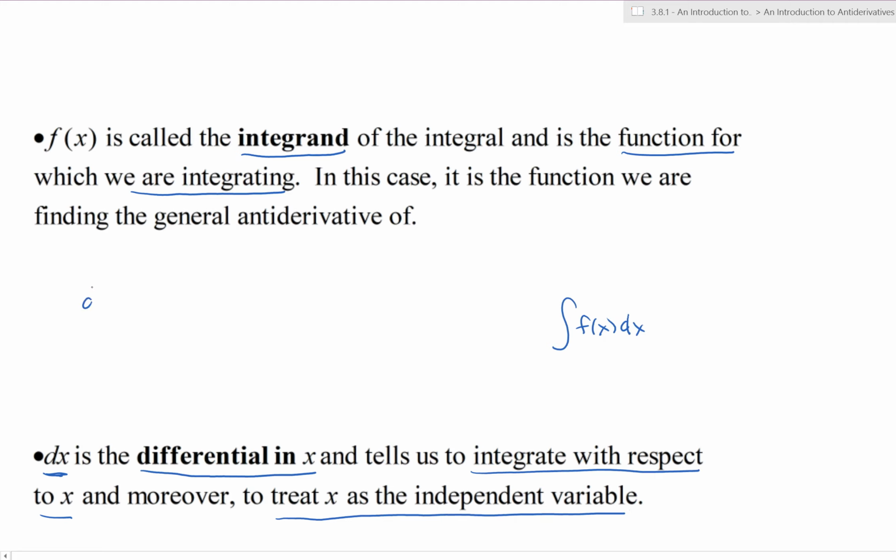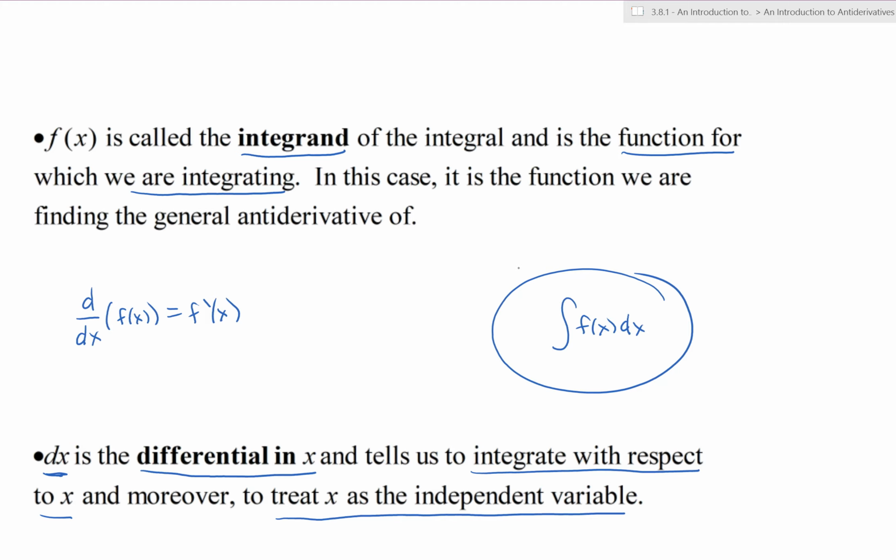Just like when we saw d dx of some function f of x is f prime of x, that notation d dx means differentiate with respect to x. Treat the x as the independent variable. For our indefinite integral here, it means the same thing. Treat the x as the independent variable for integration.